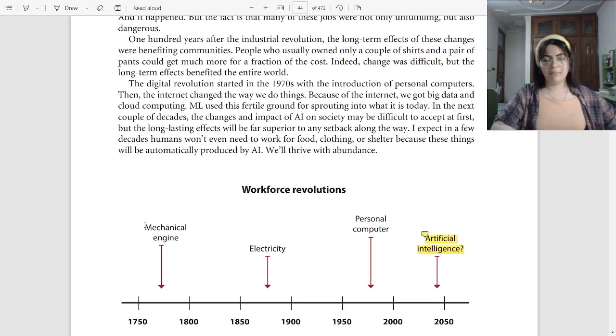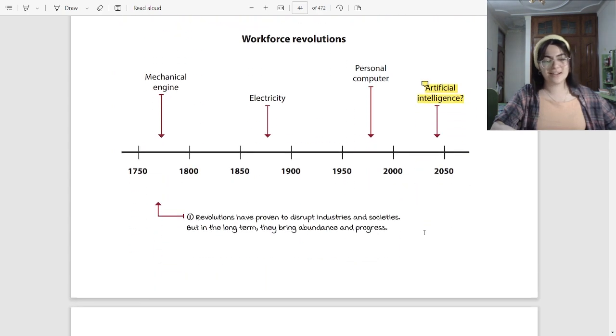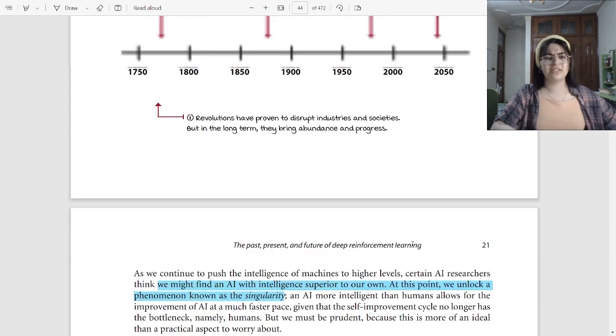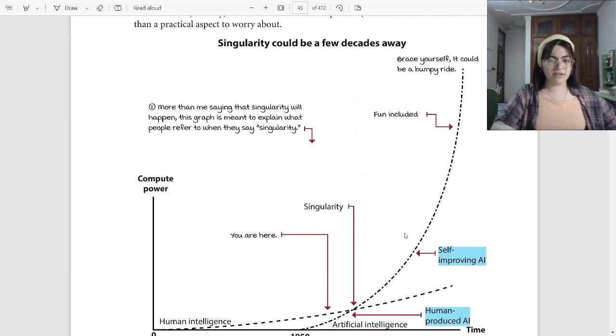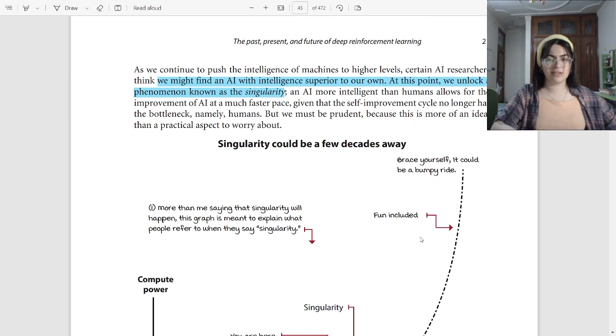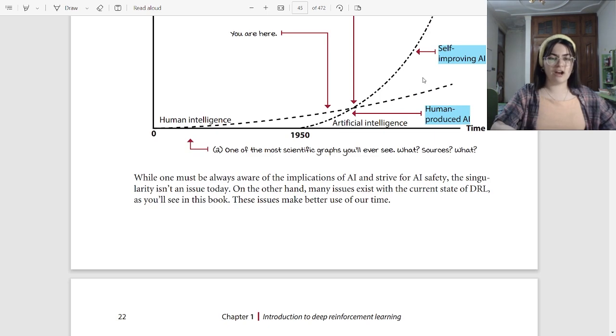It also mentions some of the revolutions: we had mechanical engineering, then electricity, personal computers, and here we have artificial intelligence, across different years. And then we have the singularity, which is something important. Many people actually fear it will happen this year, or maybe some years after, which is the point where artificial intelligence will reach human intelligence.